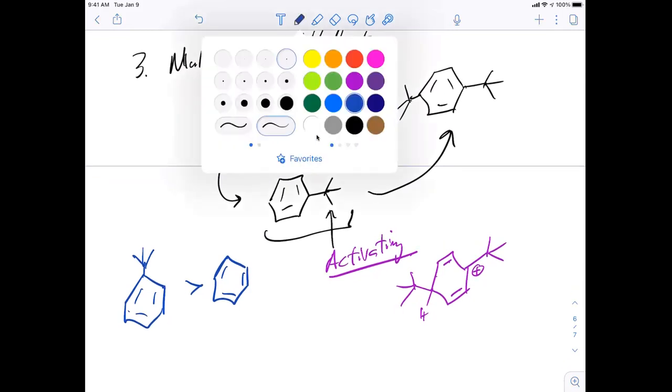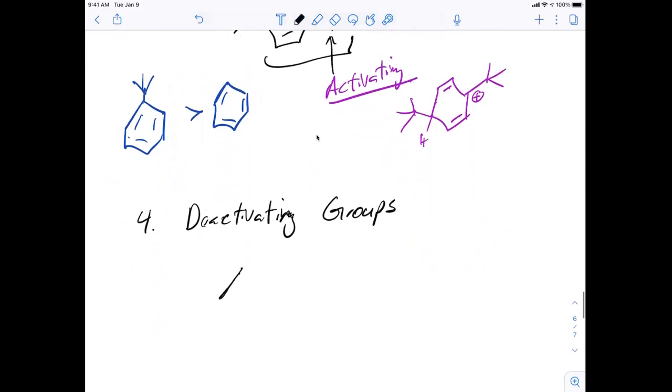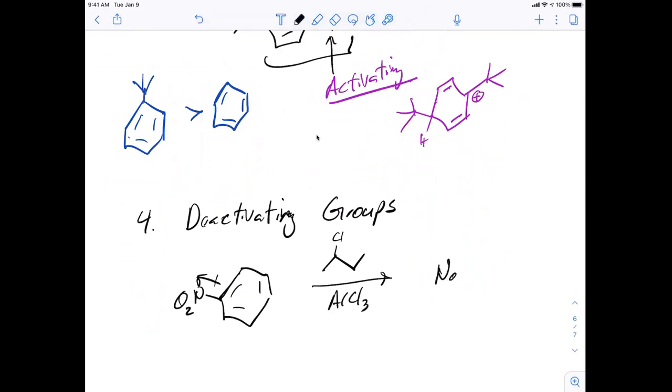The fourth issue with Friedel-Crafts alkylation is deactivating groups. If we have something that destabilizes the ring, like say a nitro group, which is pulling the electron density away from the ring, and I try to do Friedel-Crafts alkylation with this, I get no reaction.